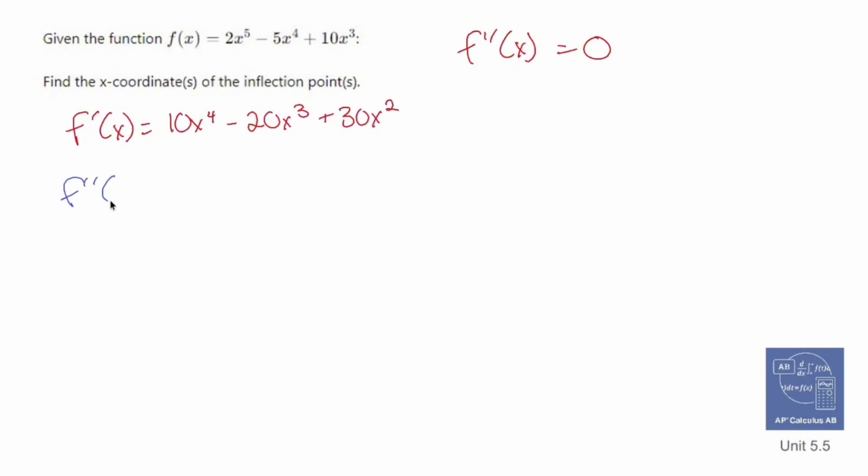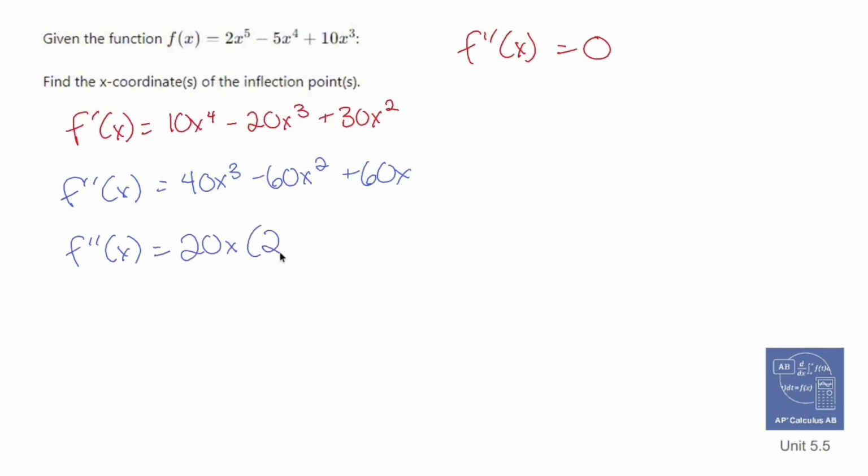F double prime of x is going to equal power rule 40x cubed, power rule minus 60x squared, power rule plus 60x. Now let's factor what we can factor. F double prime of x, I can factor out a 20, I can factor out an x, and that leaves me with 2x squared minus 3x plus 3.